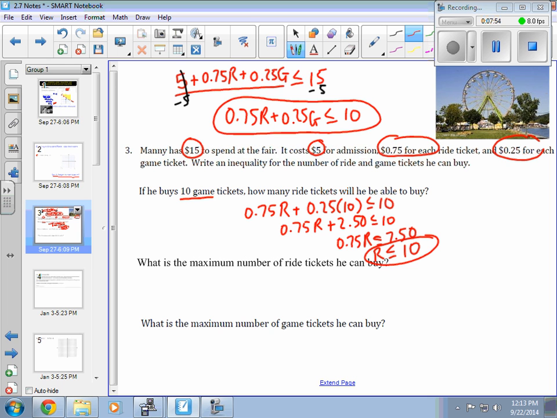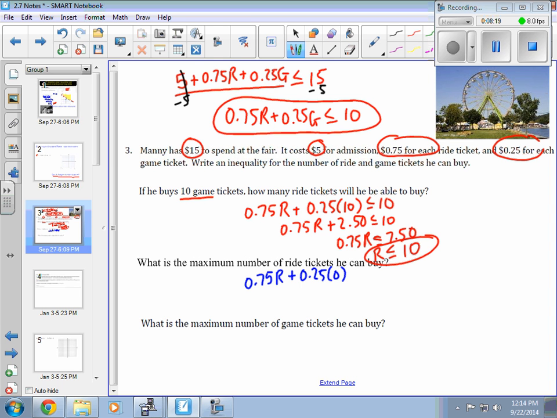All right. For the next question, using the same equation here, what's the maximum number of ride tickets he can buy? Well, if he's going to do the maximum number of rides, I think we can assume that he would play 0 games. So what you'd want to do on this one is use the same equation, except this time, instead of plugging in 10 for the games, let's say he does none.